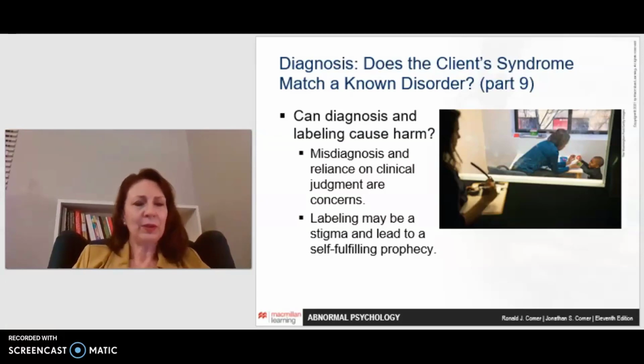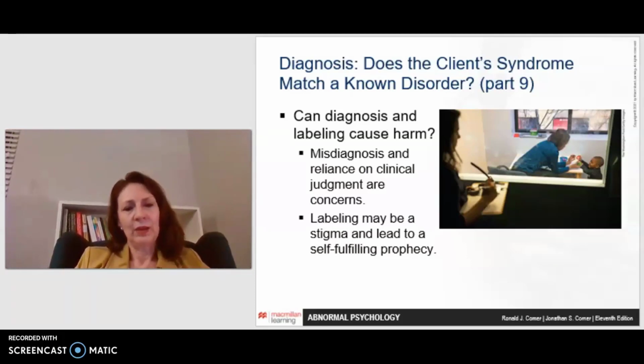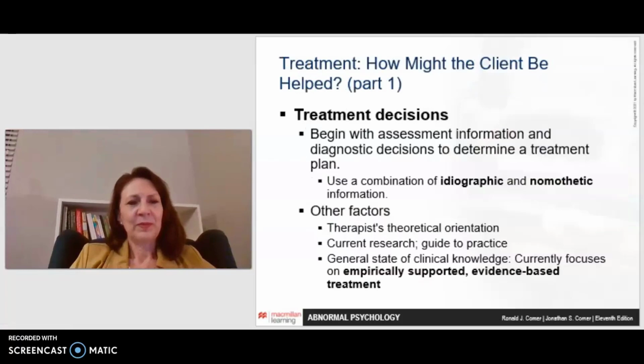And even if we do have the correct disorder, we know that labeling may create a stigma for a person and lead to a self-fulfilling prophecy. And we want to avoid that and try to head that off when we approach treatment. We don't want to have people attach themselves to their diagnosis and then persist in the symptoms. We want them to overcome those.